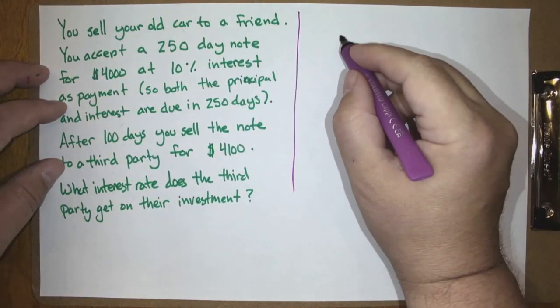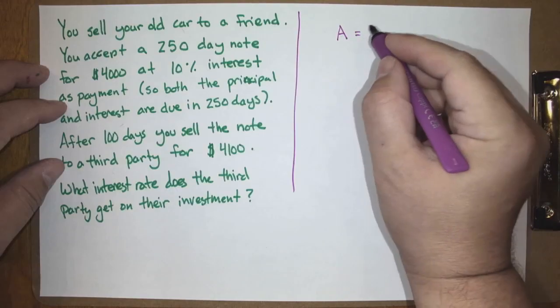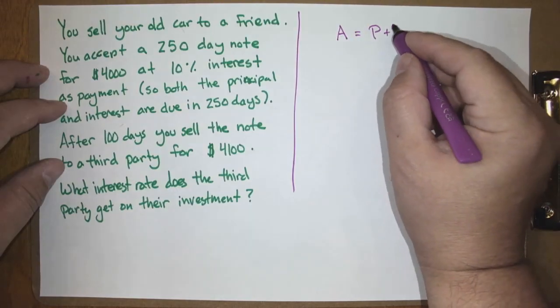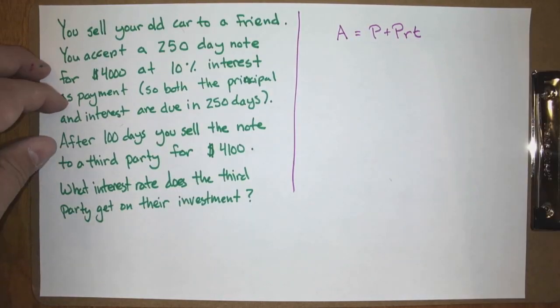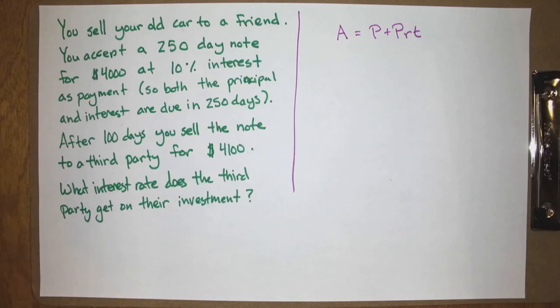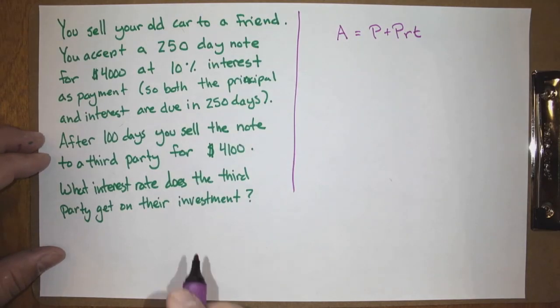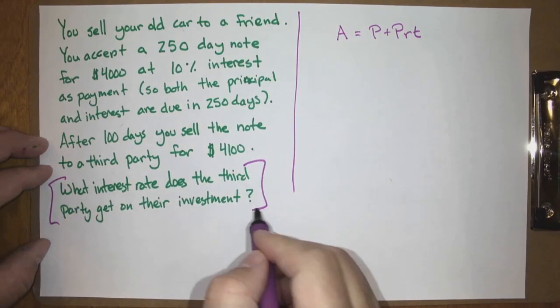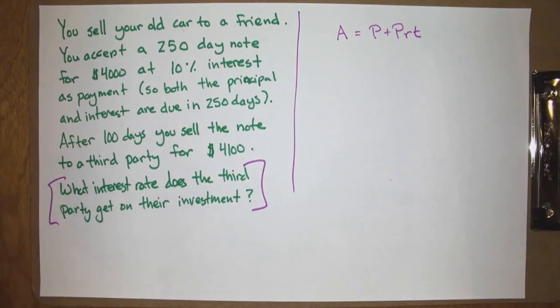Well, we can toss out our formula, right? A equals P plus PRT. What do we know? So we're after the third party. How much did the third party invest? $4,100.